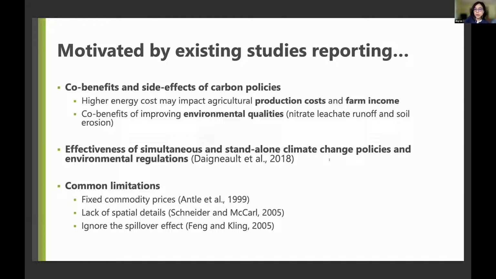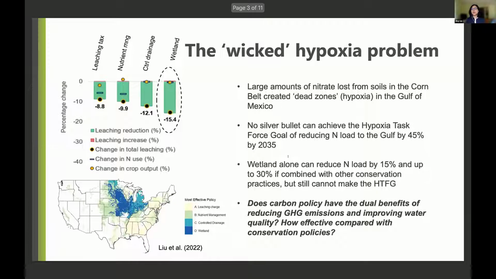So we use this paper to update the literature by improving those weaknesses. It's also an extension of a previous study we did to look at the effectiveness of nitrate leaching management practices in the Corn Belt in the US.